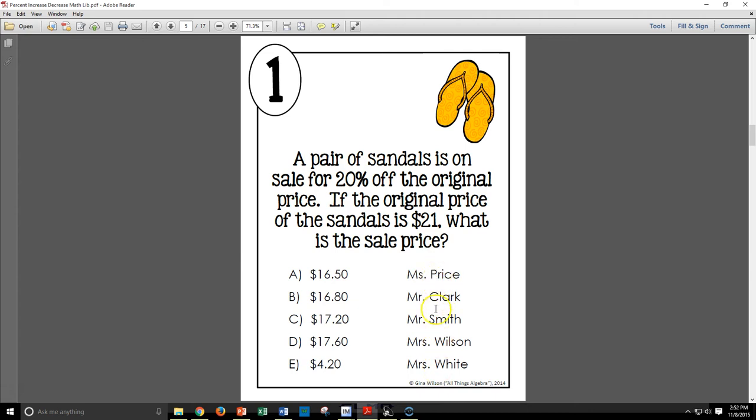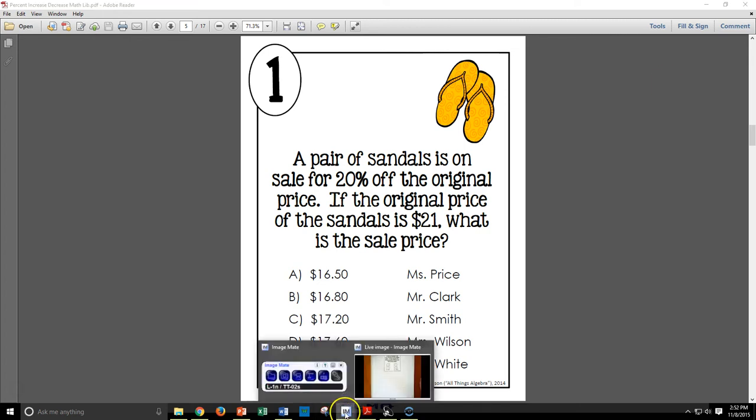Well, these responses are all going to be used at the very end of this whole lesson to make a paragraph that says something. So you won't be needing these until the very end. But right now, let's go ahead and look at our choices, and let's go ahead and look at our problem here. So we have a pair of sandals that are going on sale for 20% off. We want to know what will the new price be, or the sale price, if they were originally at $21. So let's go ahead and explore that now.